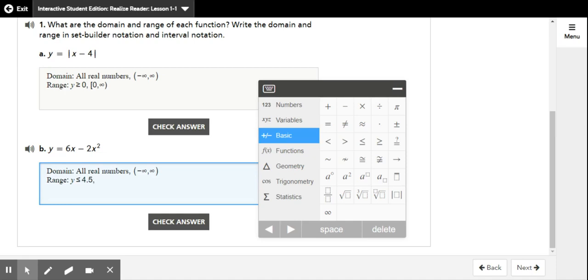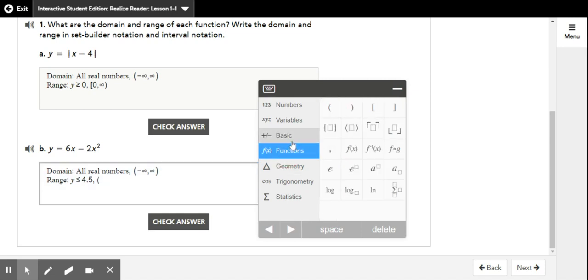In terms of set builder notation, it kind of works the opposite of the last one. Since this is opening down, the first number in your set builder notation is what's happening at the bottom of the graph. In this case, it's going forever down. So that means I want to start with the infinity, and in this case specifically the negative infinity.